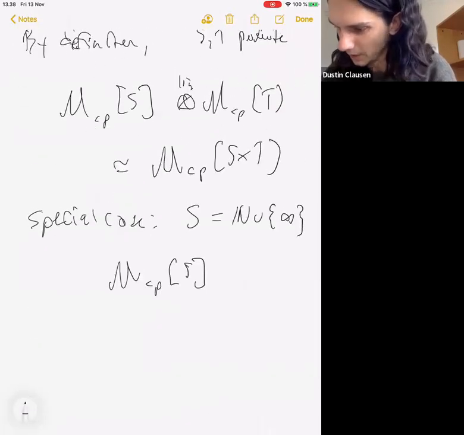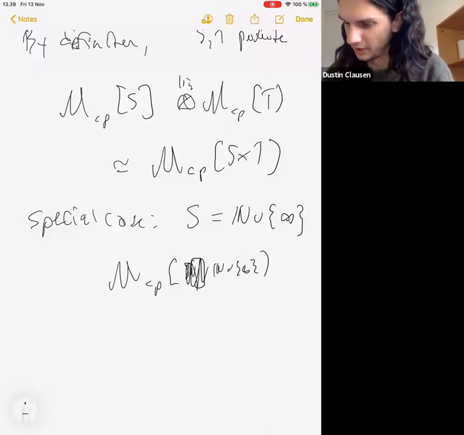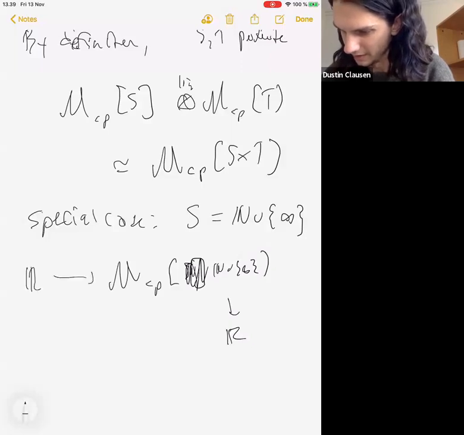Okay. So this contains R as a summand, because, well, maybe I'll write N union infinity. This measure space is functorial, so this maps to measures on a point, which is the real numbers, but then you can also include the infinity. So that makes a summand.